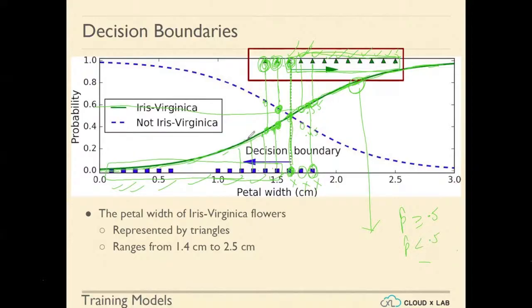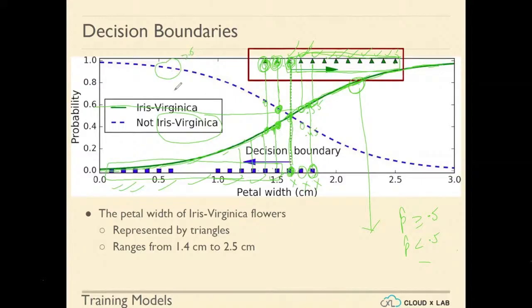But you can also use this dotted blue line, but then the rule will change, because the dotted blue line is for the not virgin ka class. If you get a probability greater than 0.5, it means not virgin ka class, and less than 0.5 means virgin ka class.